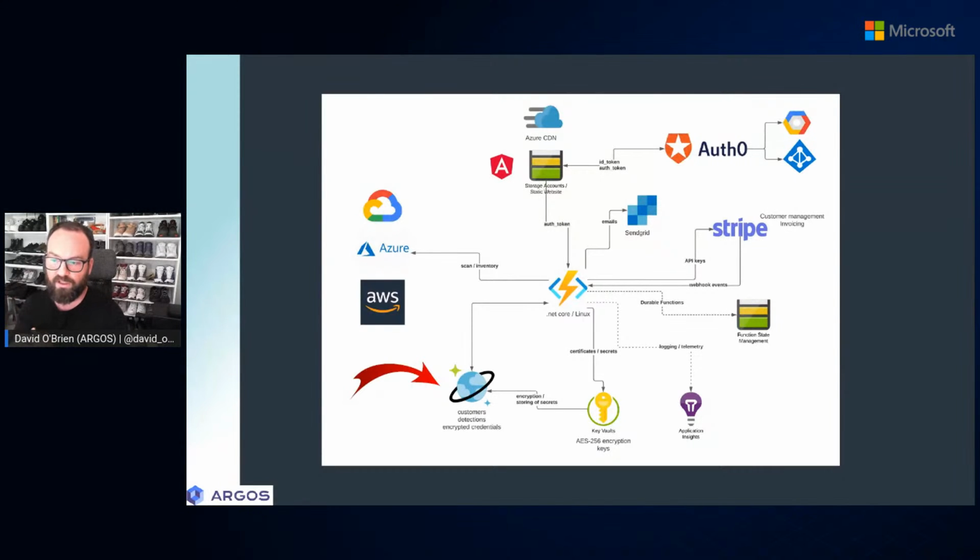We use this application to now scan our customer environments on all three clouds, actually: Azure, AWS, and GCP. So how did we do that?